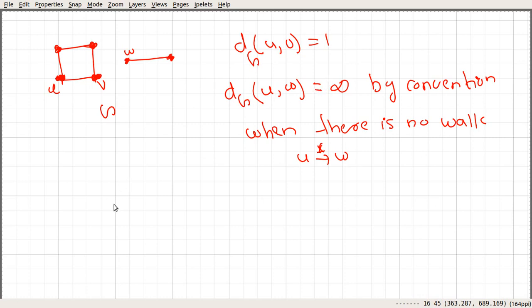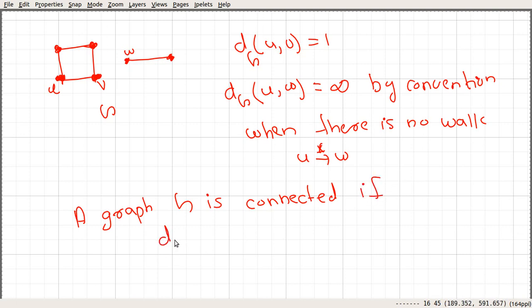Now I am going to give the formal definition of a connected graph. A graph G is connected if the distance between each and every pair of vertices U, V is less than infinity.